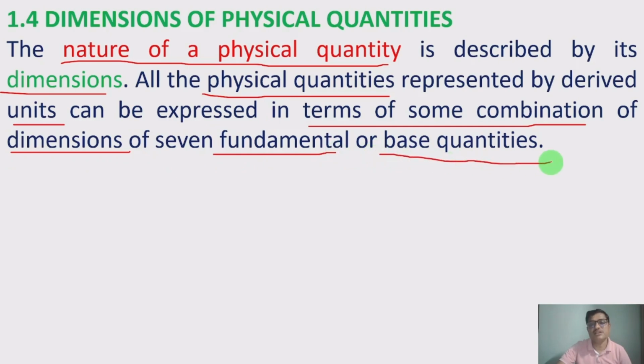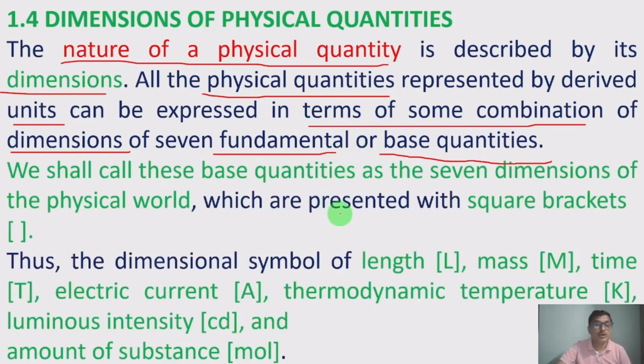Initially we are going to take the dimensions of the seven fundamental quantities, and then the other physical quantities as a combination of them. We shall call these base quantities the seven dimensions of the physical world.